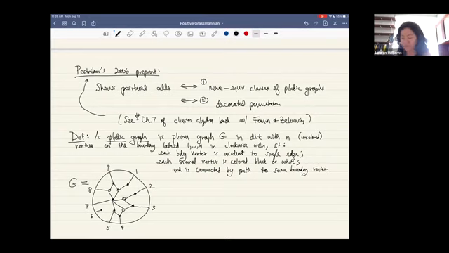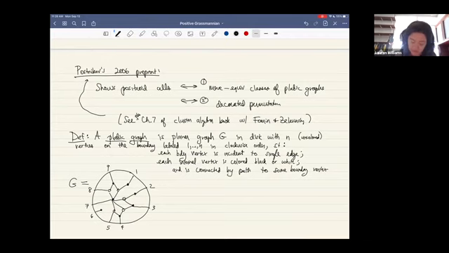So I don't want to have some sort of floating component of my graph inside of the disk. I want every vertex in my graph to be connected to the boundary. So that's the definition of plabic graph.